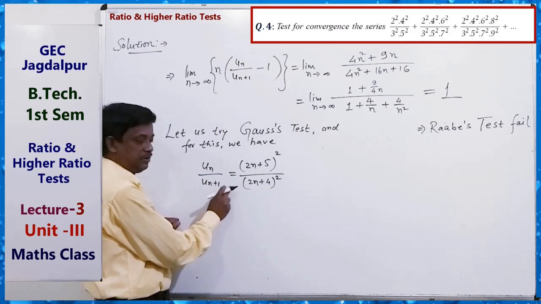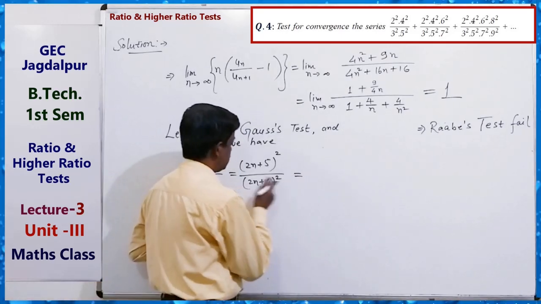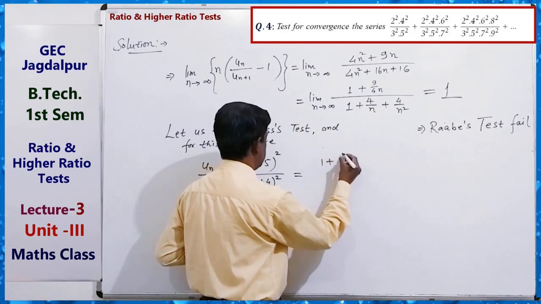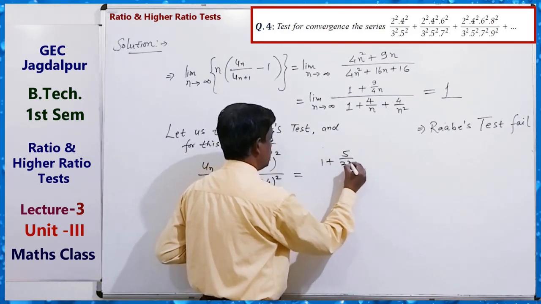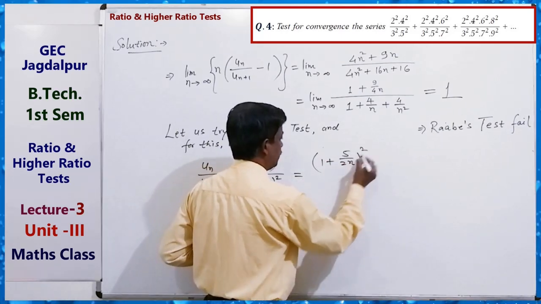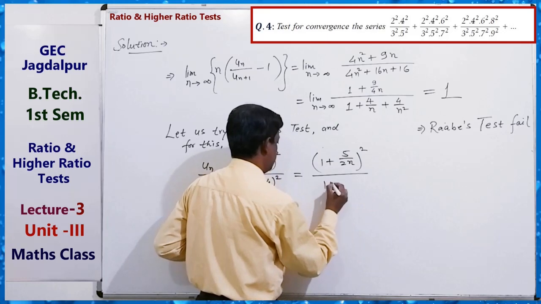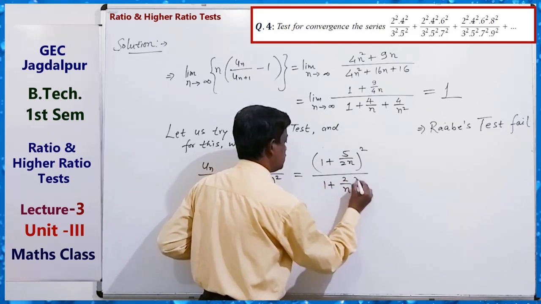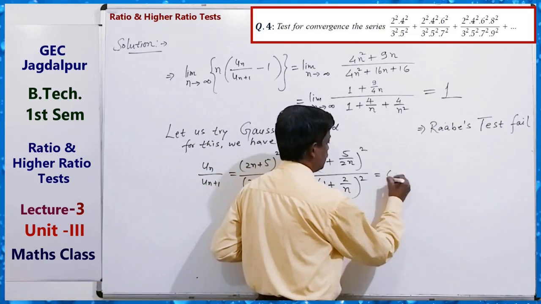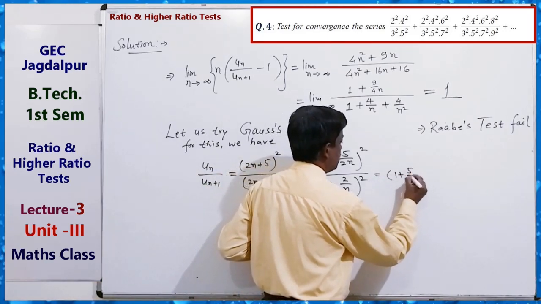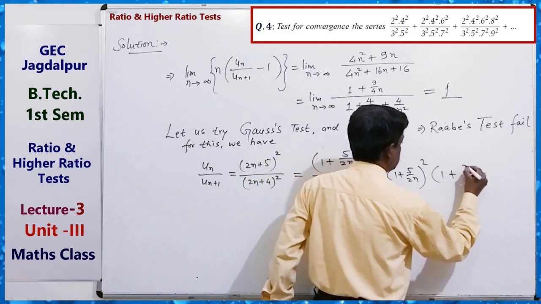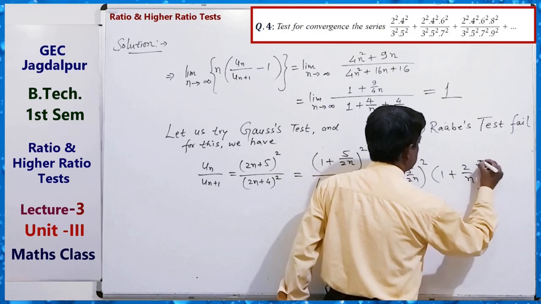So we can write it taking 2n common: (1 plus 5 by 2n) square upon (1 plus 2 by n) square, this is equal to (1 plus 5 by 2n) square times (1 plus 2 by n) to the power minus 2.